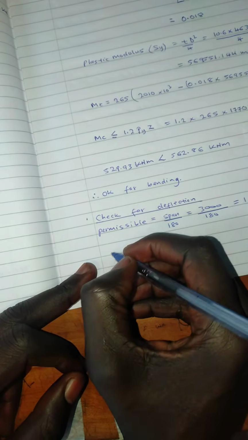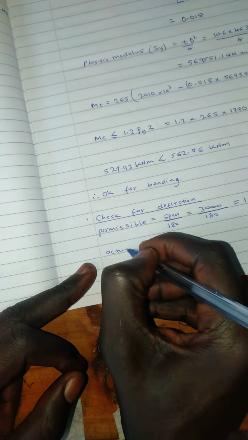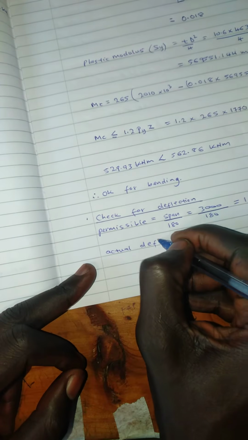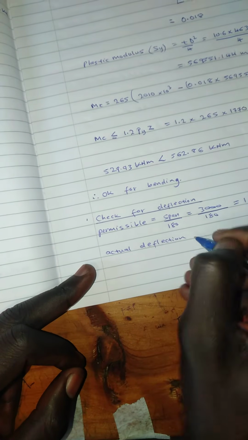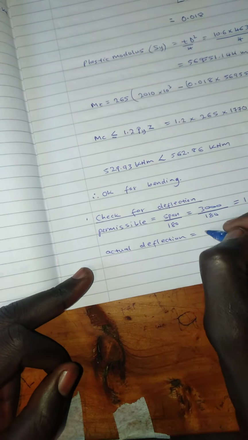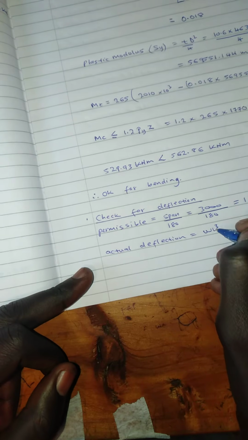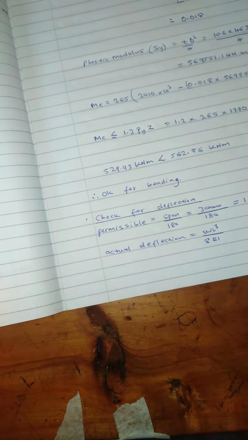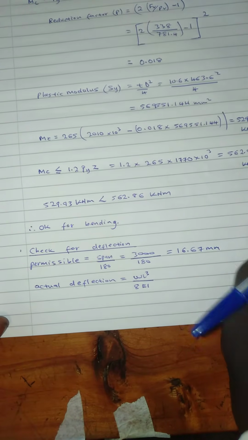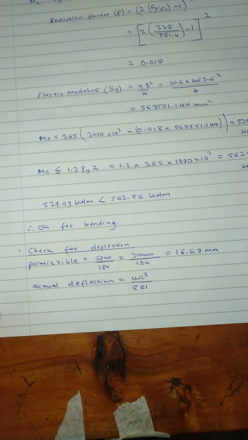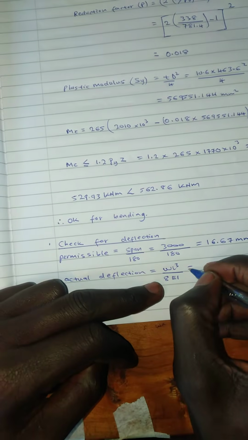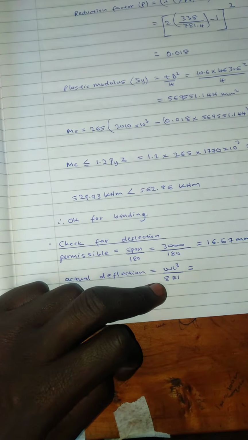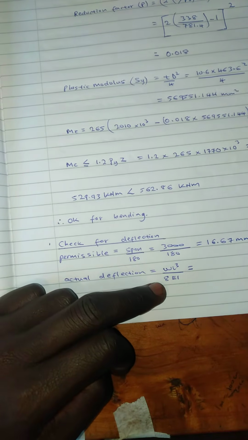But the actual deflection that can occur in our beam, the formula is WL raised to power 3 divided by 8EI for a cantilever beam. This is the formula.